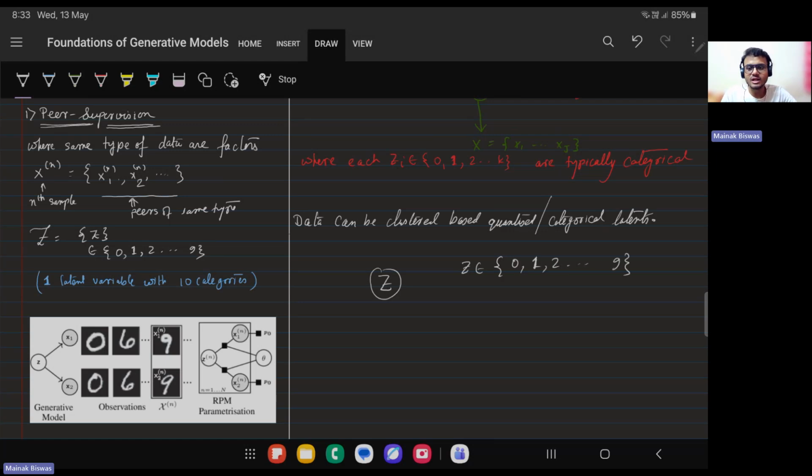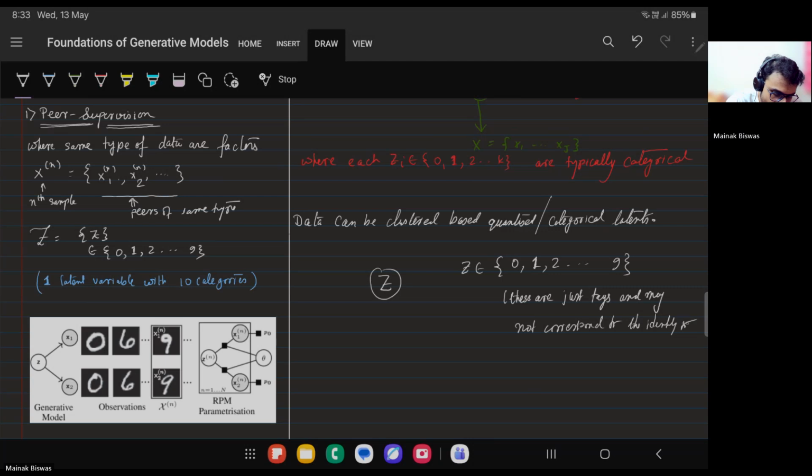The thing to notice is that these are just tags and may not correspond to the identity of the digits, since it is completely unsupervised.